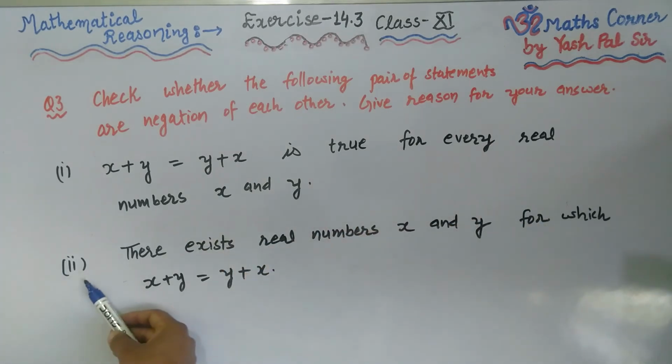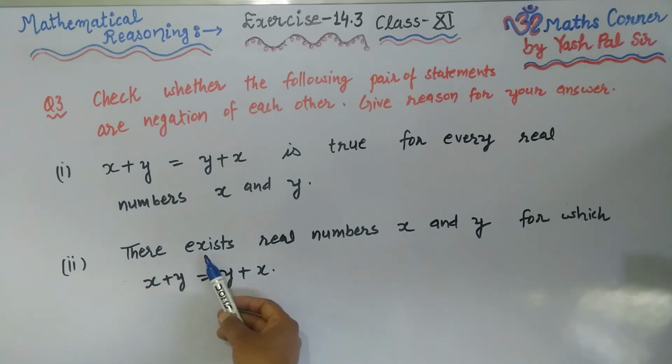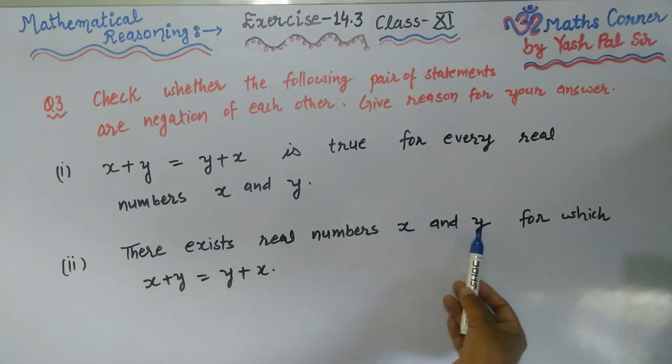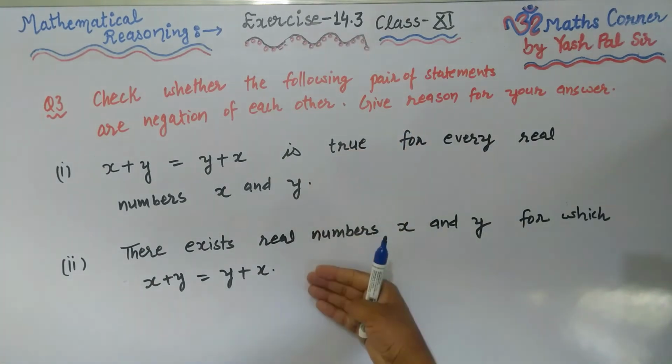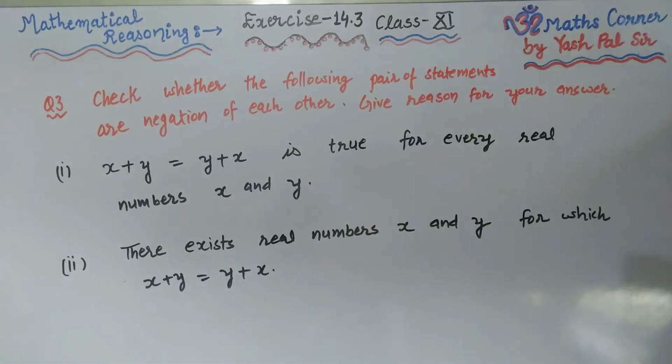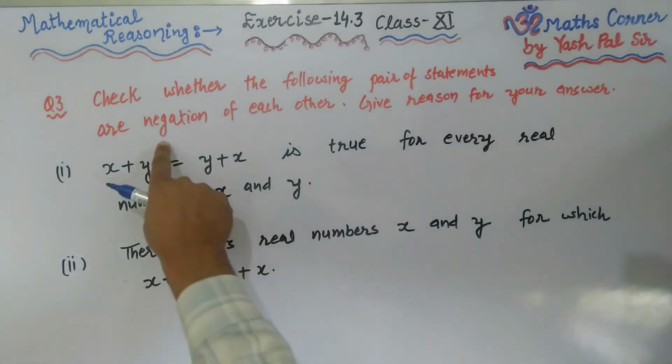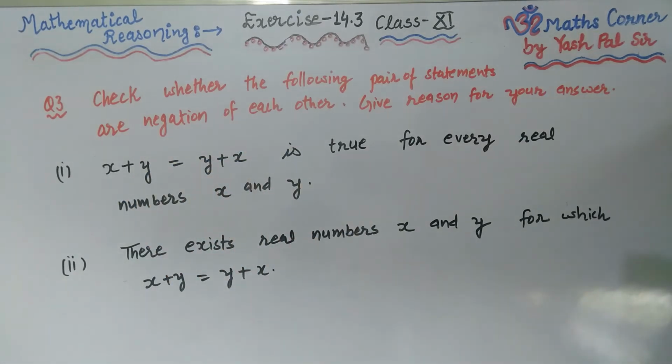And the second statement is there exists real numbers x and y for which x plus y is equal to y plus x. Of course, these two statements represent the same meaning. So they are not the negation of each other.